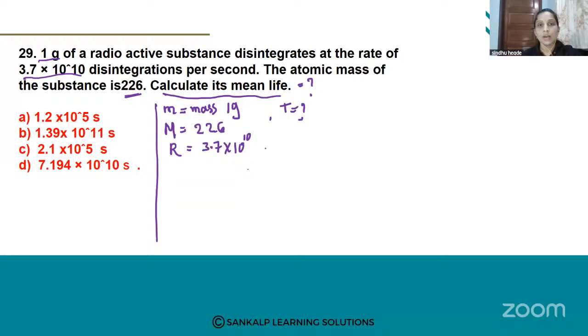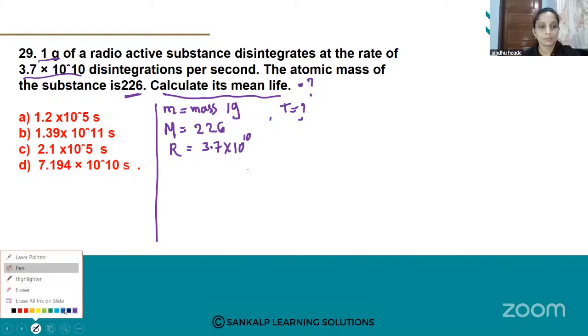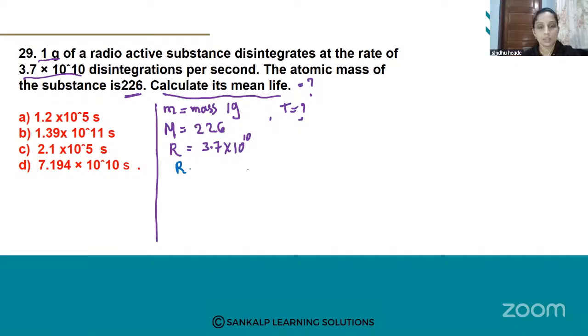Which formula do you have to use? As I told in the previous question, rate of disintegration is nothing but R is equal to lambda n. R is equal to lambda n is the formula. Whenever disintegration comes, we take the formula R is equal to lambda n, okay?